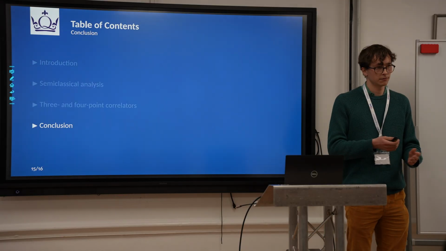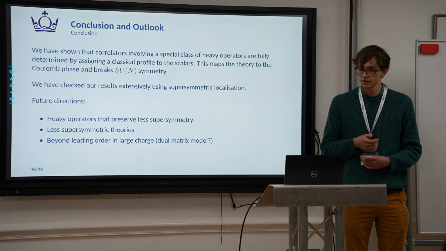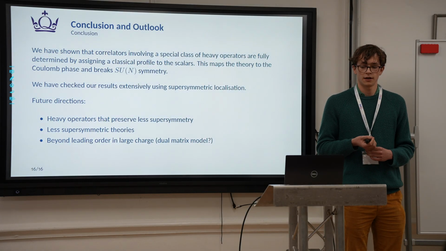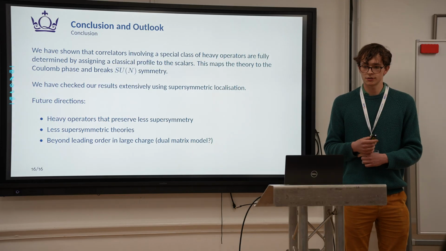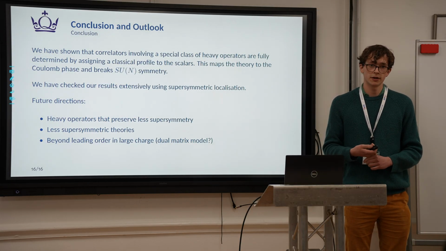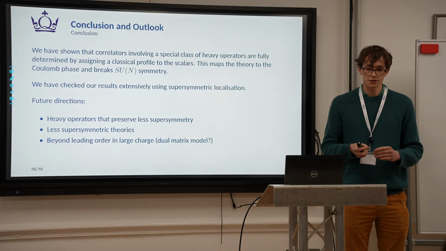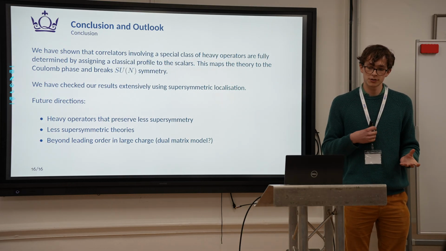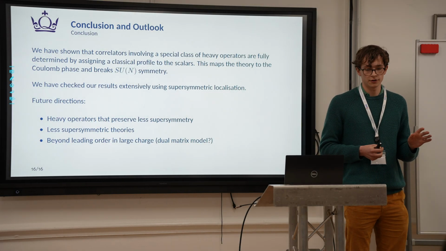Okay, so that's what we do. Just to conclude, what we have shown is that correlators involving a special class of heavy operators, the canonical operators that we define, can be determined by just assigning a classical profile to the scalars.